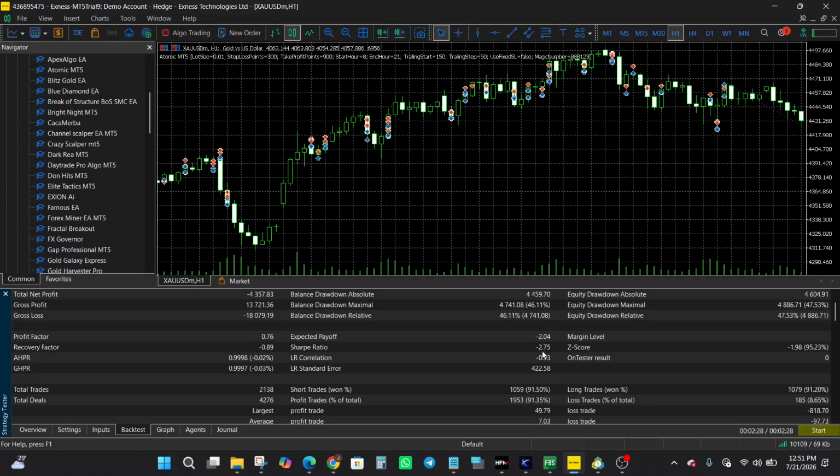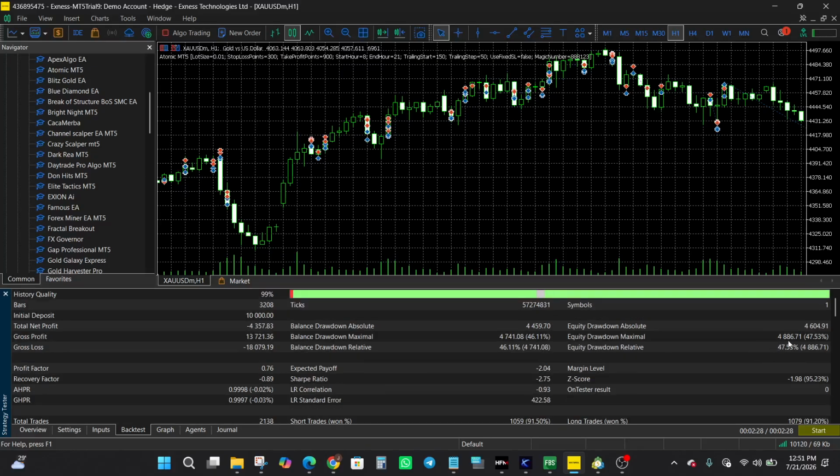Drawdown on the equity side reached just over 47% during this run. It's a significant swing for any account size. The average holding time was short, around 10 to 11 minutes per trade, consistent with the precision timed entries that the listing describes.